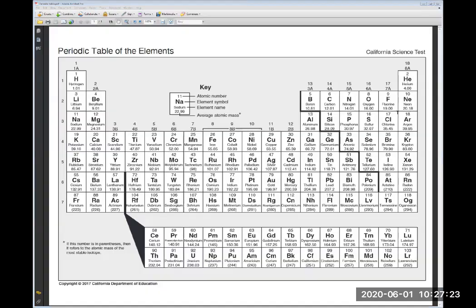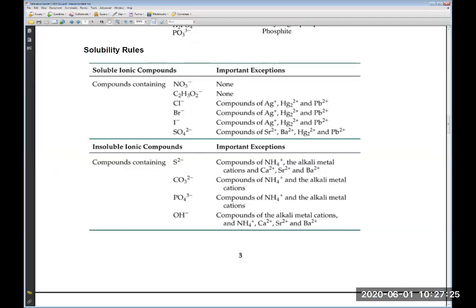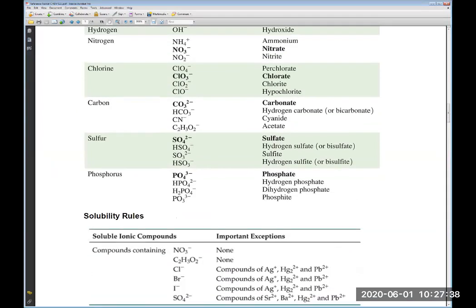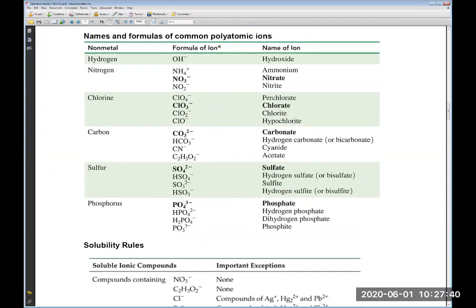The first compound we had was MgSO4. MgSO4 is made of magnesium, and SO4 is the sulfate ion. We have the table of polyatomic ions here, and sulfate is there in the middle.